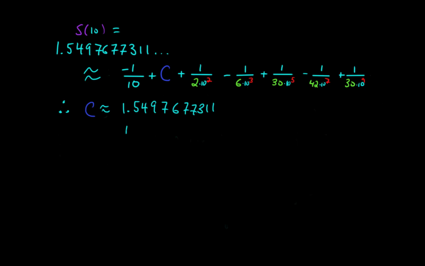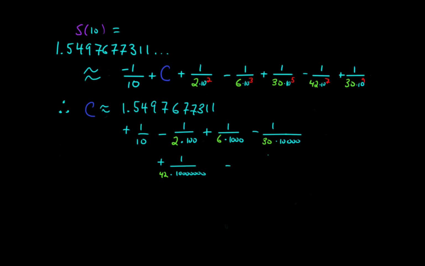Plus 1 over 10 minus 1 over 2 times 10 squared plus 1 over 6 times 10 cubed, 6 times 1,000, minus 1 over 30 times 10 to the 5th, or 10,000, plus 1 over 42 times 10 to the 7th, minus 1 over 30 times 10 to the 9th.